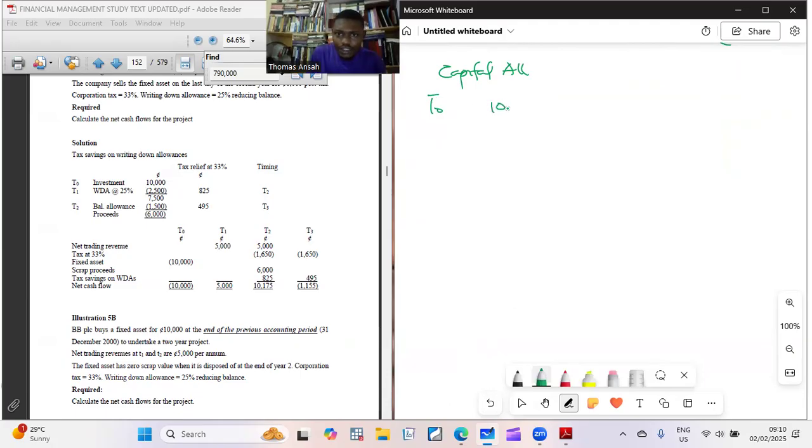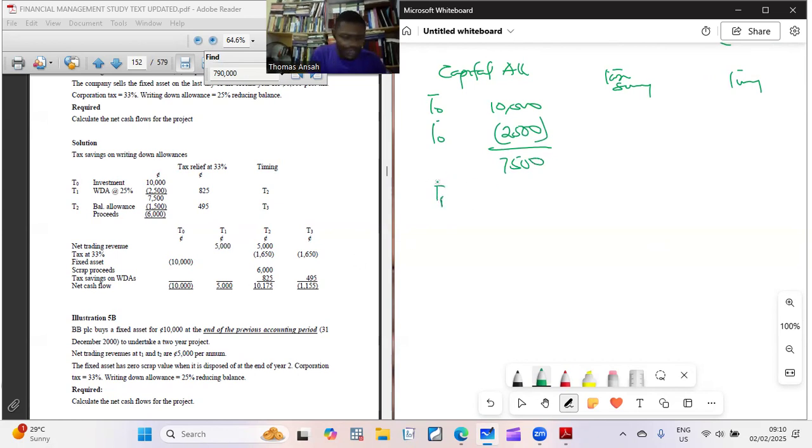Tax savings timing. So here my capital allowance will be also T0. So 25% is 2,500. This is how it will be. Then I get 7,500. All right. So that is that.